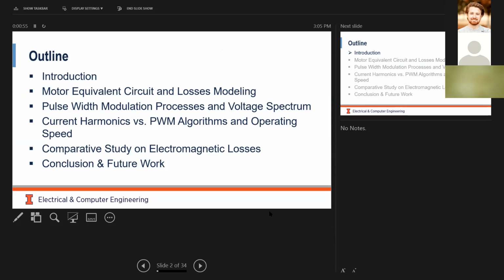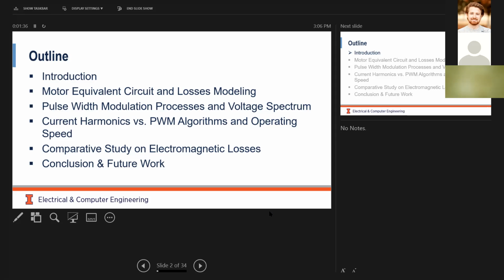So this is an outline. First, I will give an introduction about this application. Then I will talk about the equivalent circuit and loss modeling of the motor. Then I will talk about the drive part. This study is a combination of the motor and the drive. So next, I will talk about the pulse width modulation processes and its voltage spectrum.